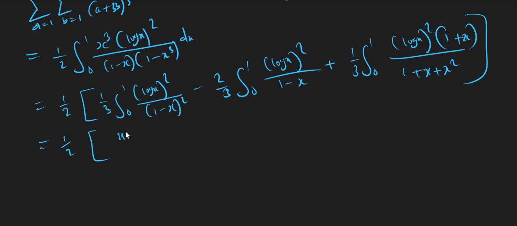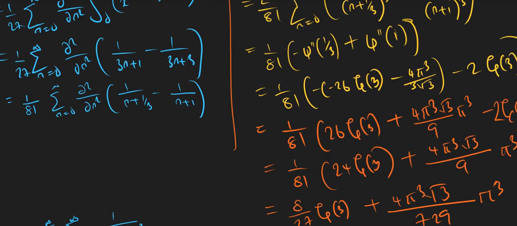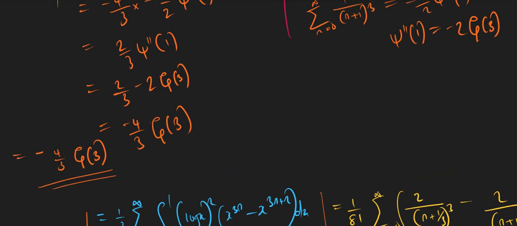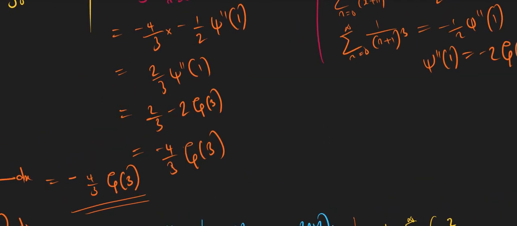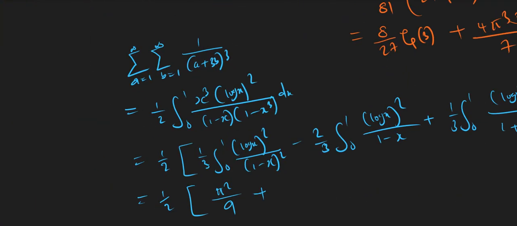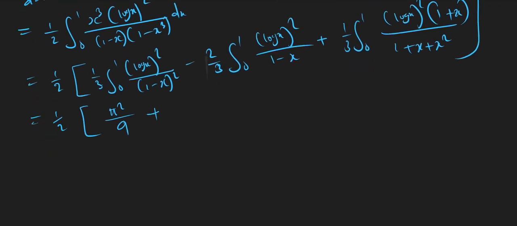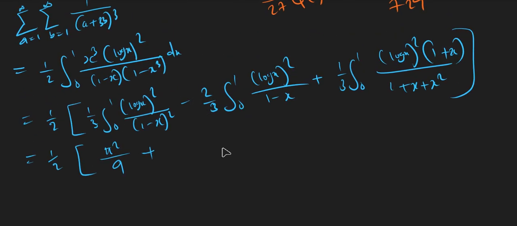But we have all the values together now, and this is equal to half multiplied by the first one. I think we got pi squared over 9, and then for the second integral we had negative 4 over 3 zeta of 3.